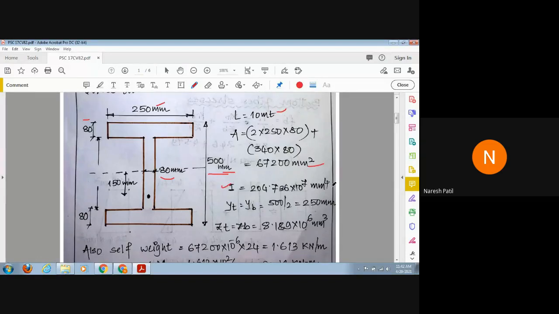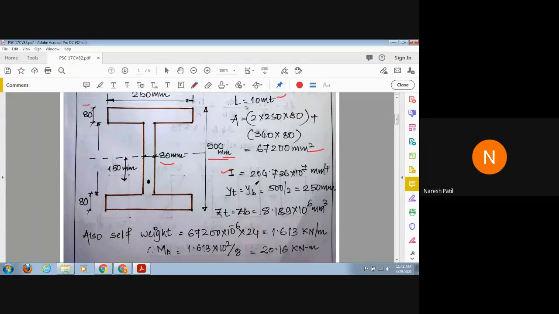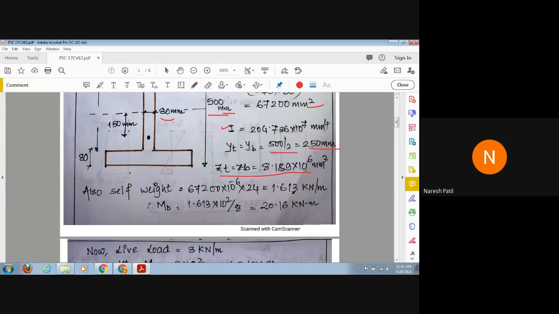Then YT and YB: the section is symmetrical, so directly D by 2, 500 by 2, 250 mm. Then ZT, that is I by Y. ZT and ZB will remain same. Also self-weight. Then calculate the moment due to self-weight, WL square by 8, because the beam is simply supported.